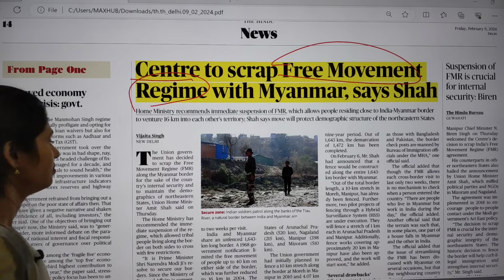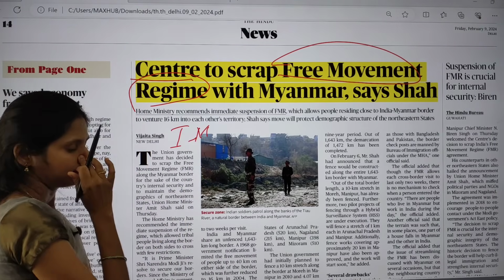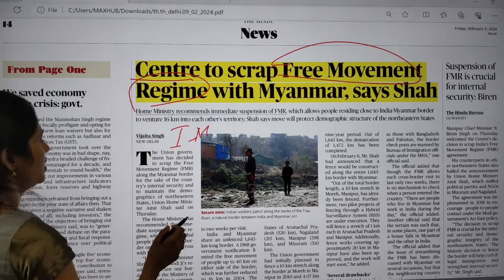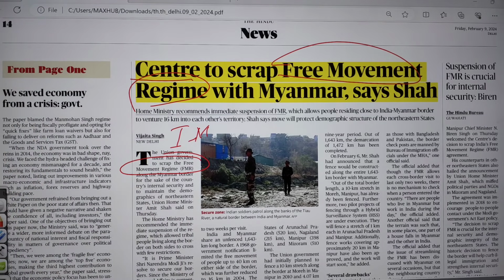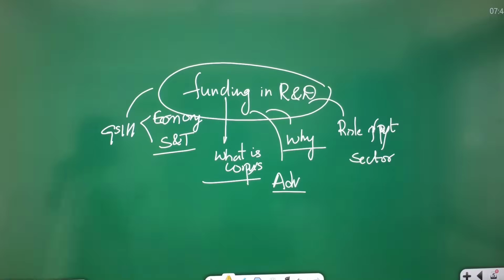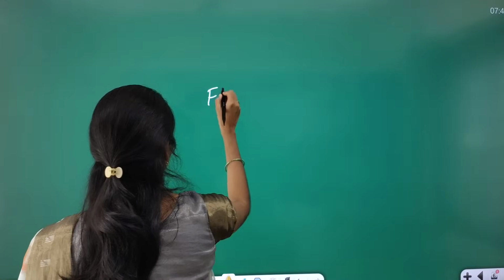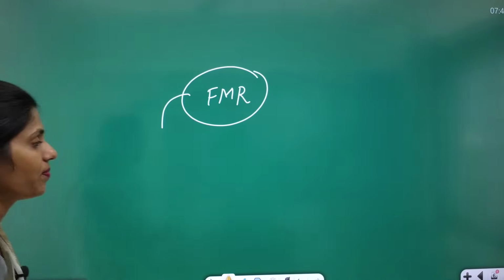Okay, so actually we have to know about the India-Myanmar border. Here this article is talking about the free movement regime. So why do we have to close that? Now let us see some dimensions. So between which countries?